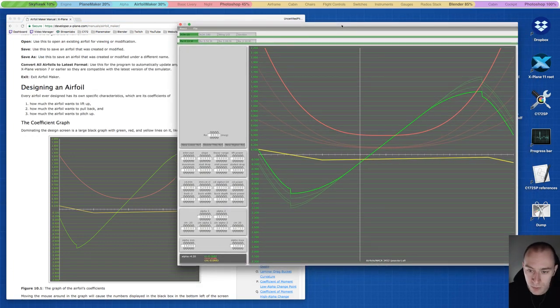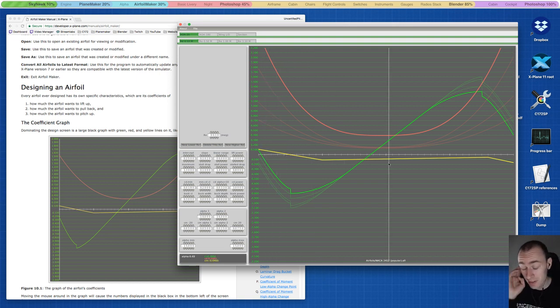Now, what I know is we got three major lines, curves, here that each have their own unique color. A red one, yellow one, and a green one. And you see that I can move my mouse here and move this line. The x-axis, the horizontal axis here, shows you the angle of attack.